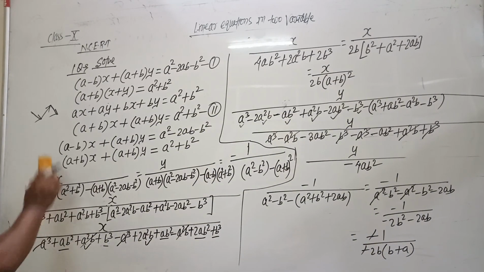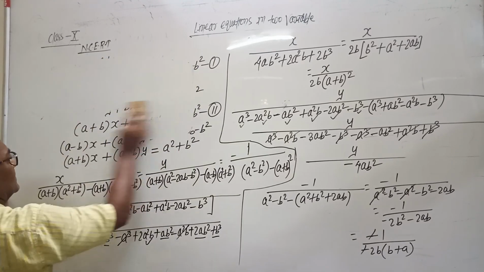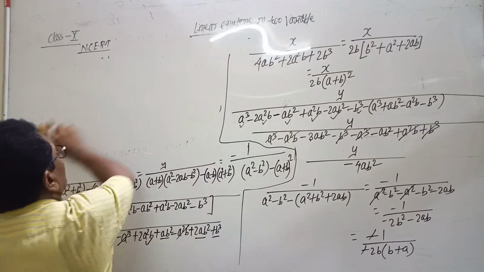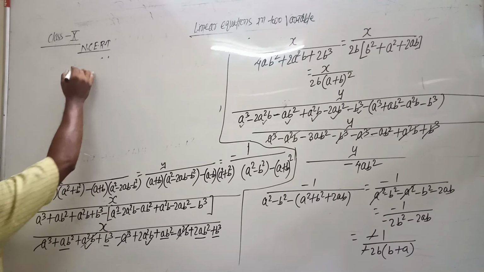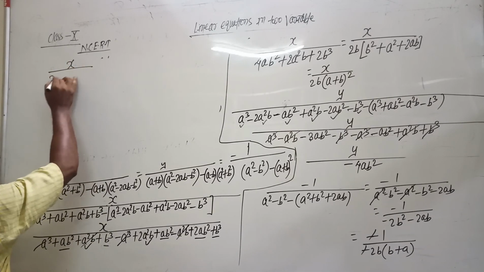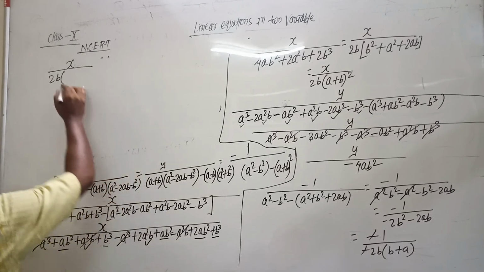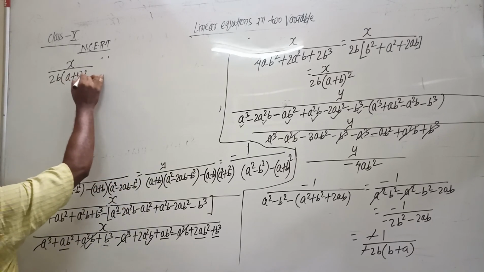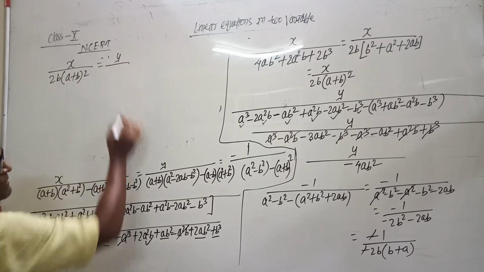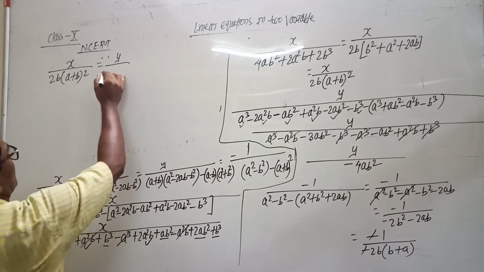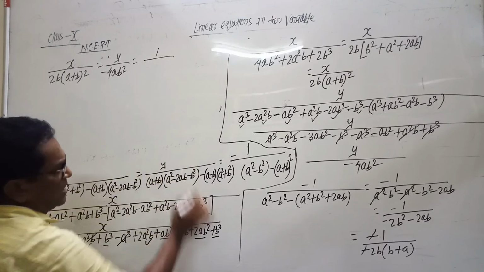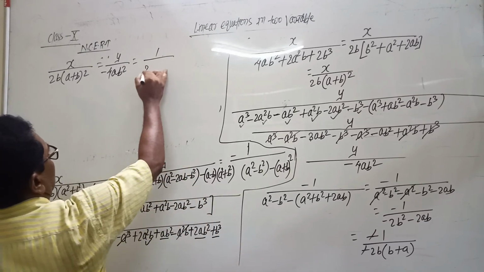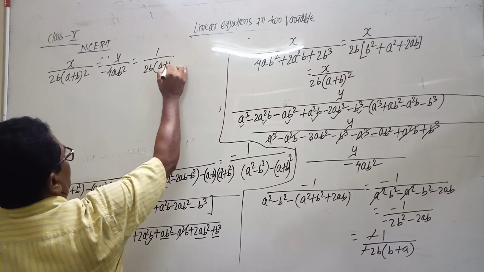Now the value which we obtain, so it comes x upon 2b and a plus b the whole square equals y upon minus 4ab square equals 1 upon 2b into a plus b.